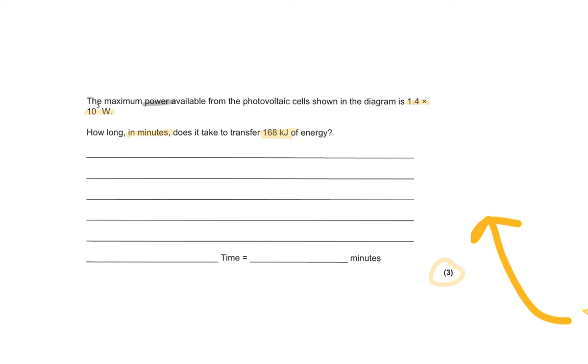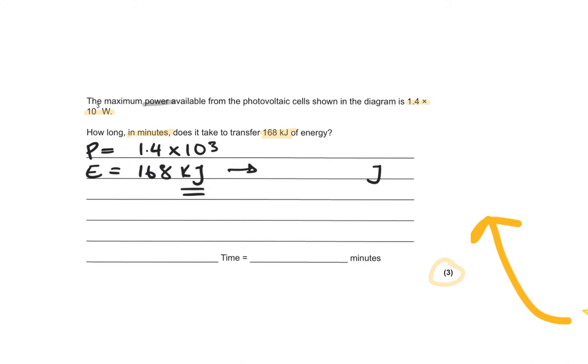So first of all, what do we have? Our values we've got are power is 1.4 times 10 to the power of 3. And we've also got energy. And we've got energy in kilojoules, but kilojoules is not our base unit of energy. We want it in joules. And so to do that, we need to multiply by 1,000.